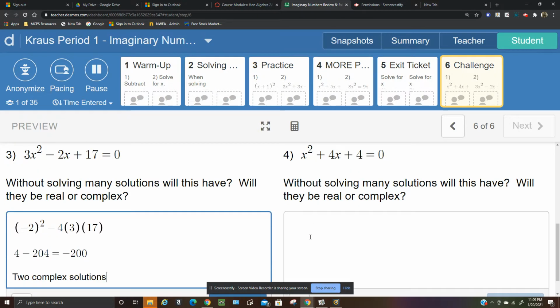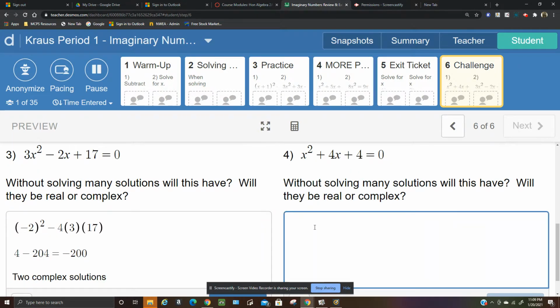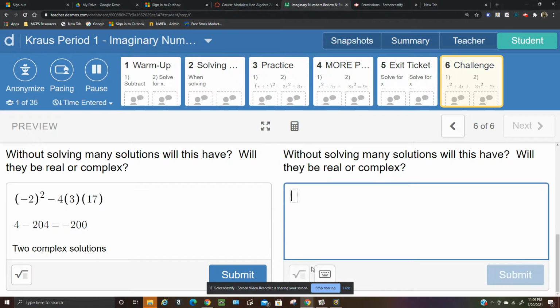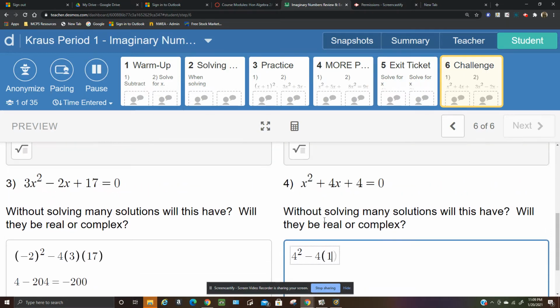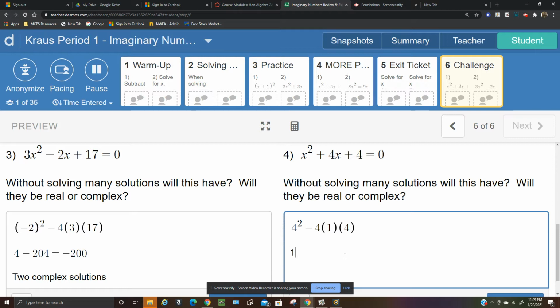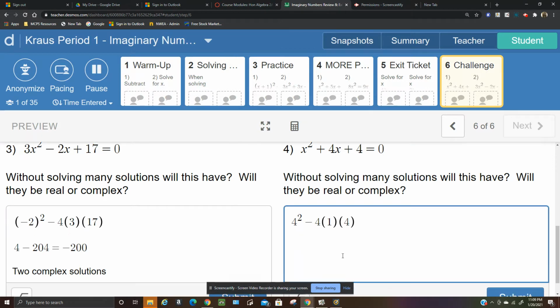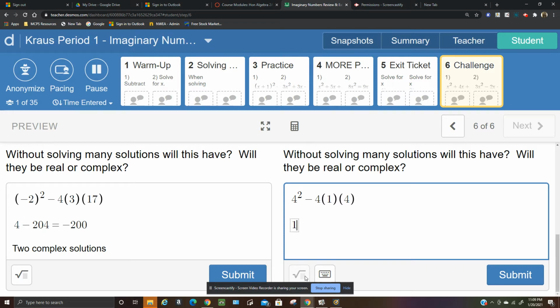And the last one, 4 squared minus 4 times 1 times 4. 16 minus 16 equals 0.